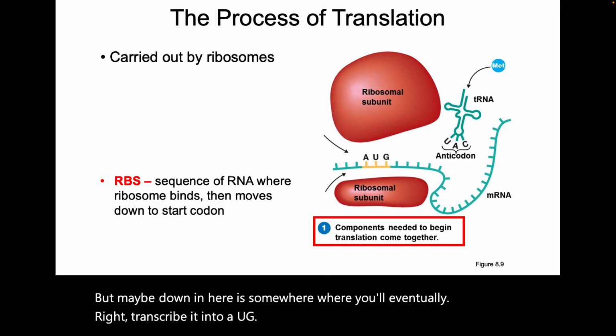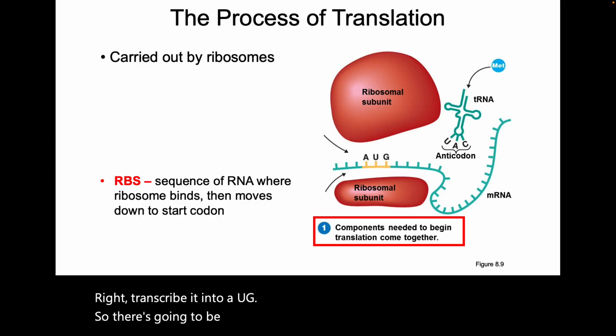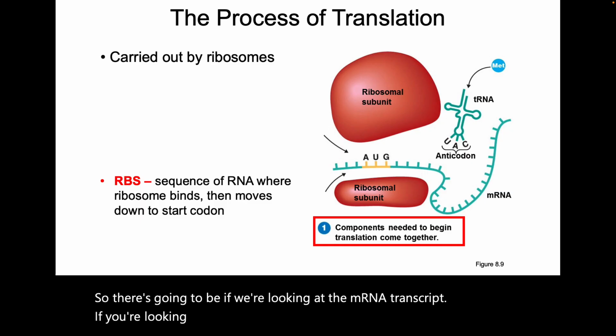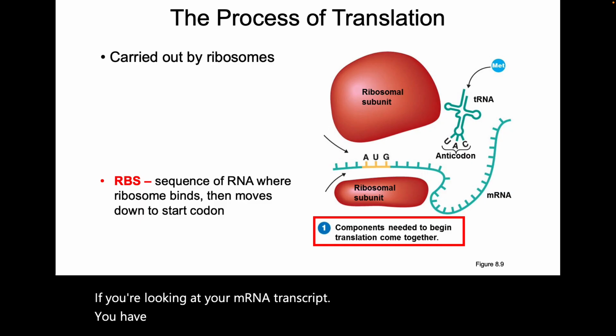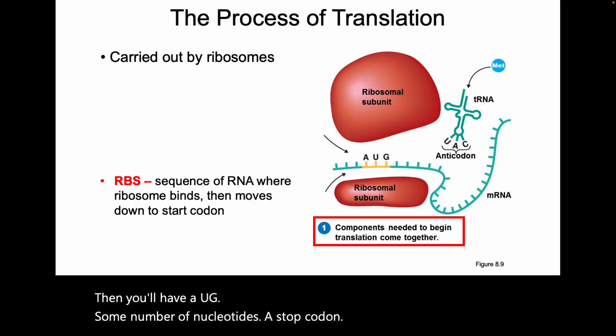So if you're looking at your mRNA transcript, you have your 5' end, which is the front. You have some number of nucleotides. Then you'll have AUG, some number of nucleotides, a stop codon, and more nucleotides.